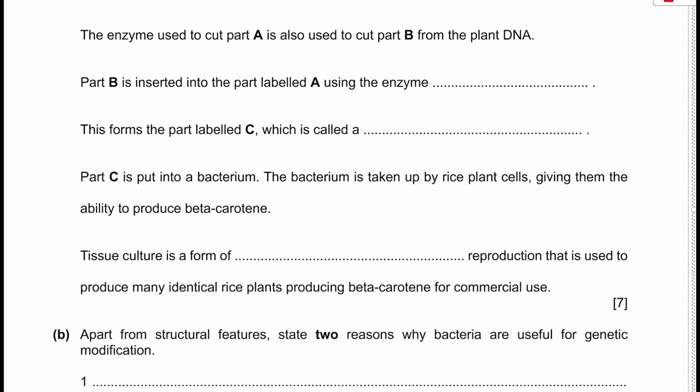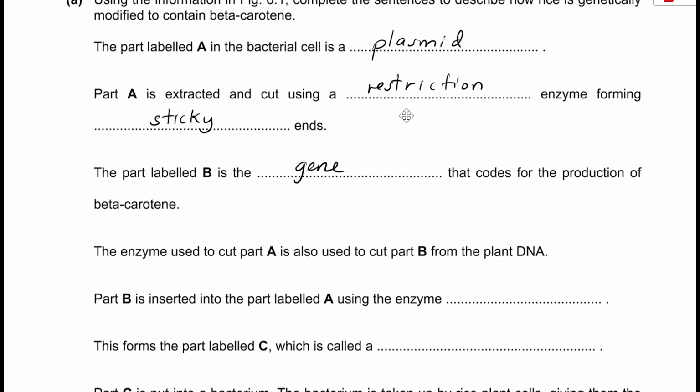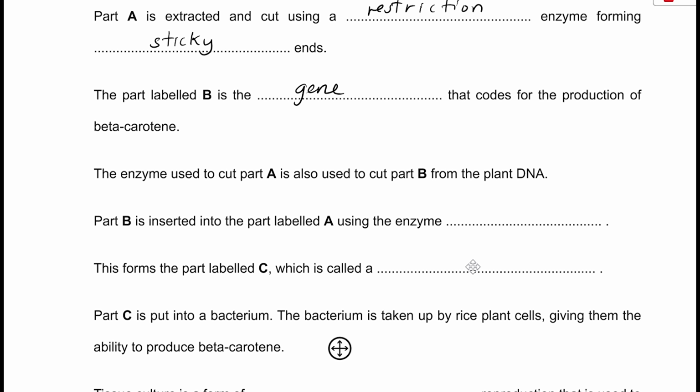Part B is inserted into part A using the enzyme. Now these two genes will be inserted into each other using something known as DNA ligase. So using the enzyme DNA ligase.